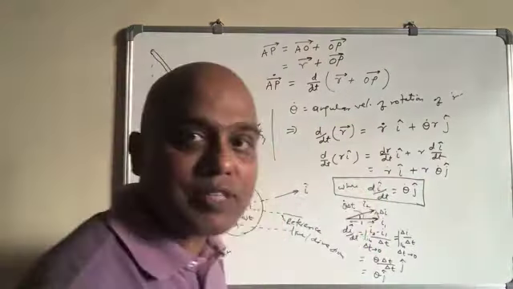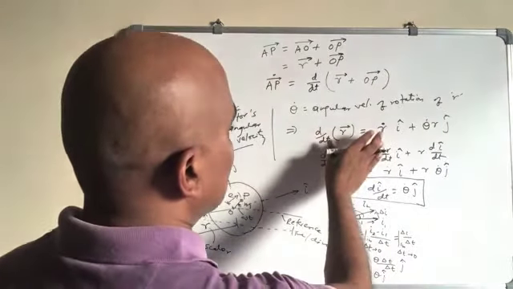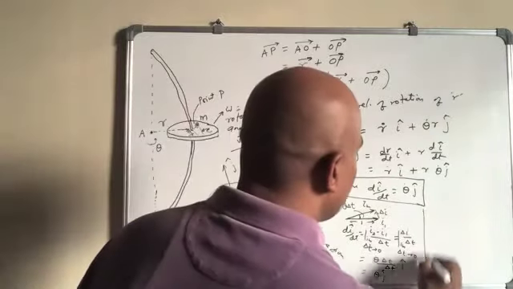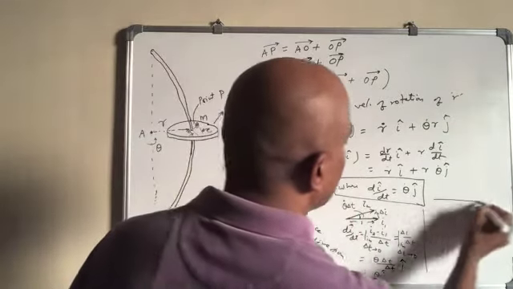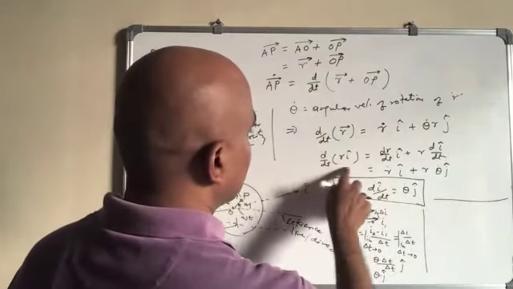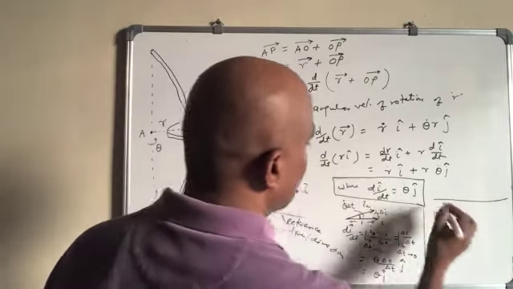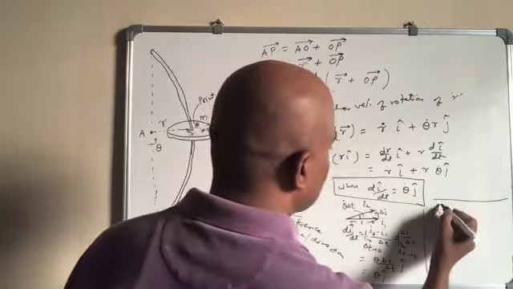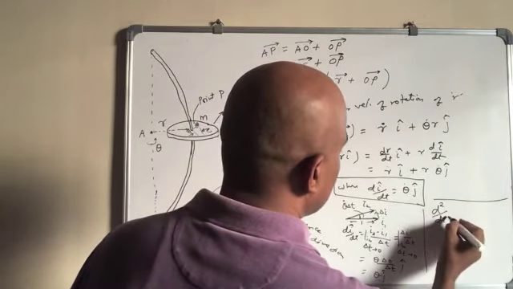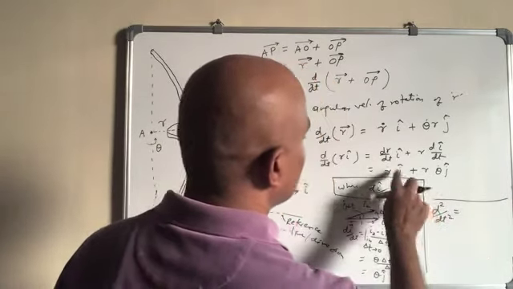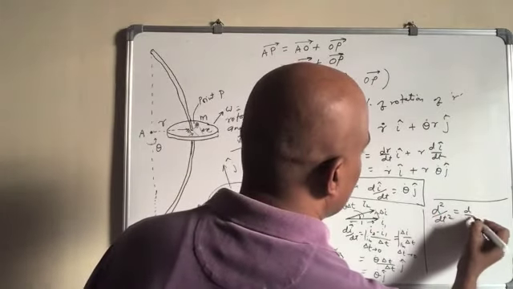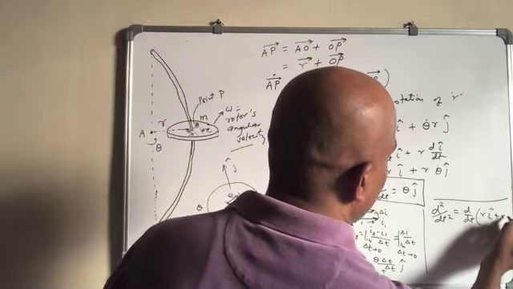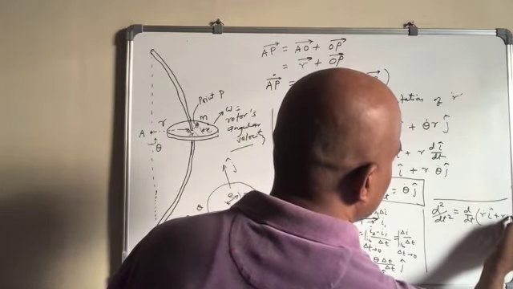Same thing we can use for further differentiating this one. So what do we get from here? If we differentiate this further, we get d square r over dt square equal to d over dt of r dot I plus r theta dot j.